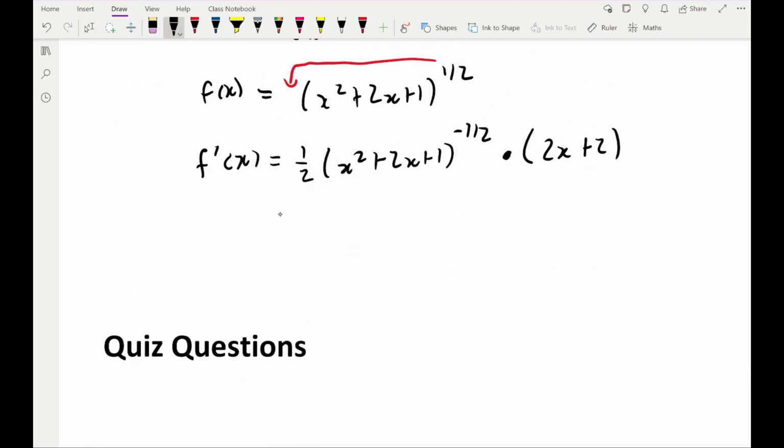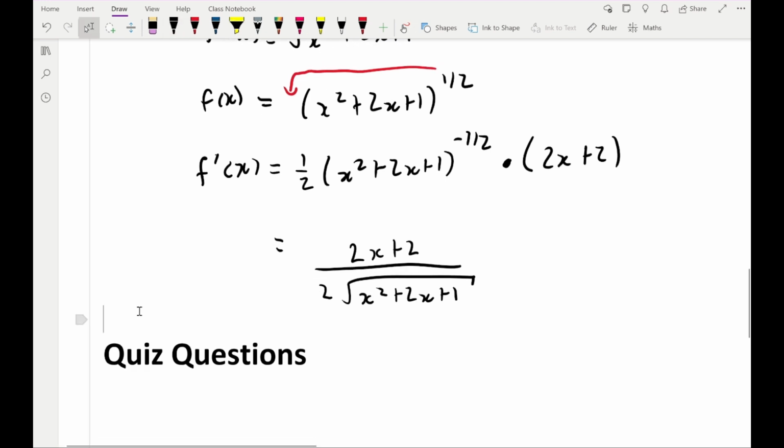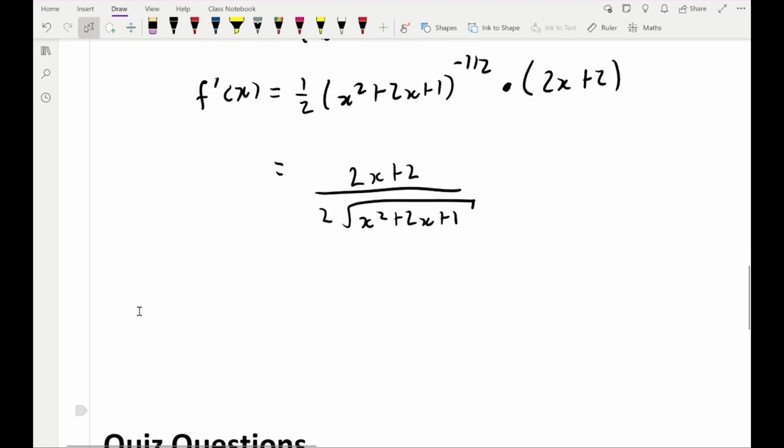Okay, so if you want to simplify this down, let's think about what we have on the top. We have a 1 on the top, and we have a 2x+2 on the top. On the bottom of the fraction, we get this 2, and this stuff down here becomes the square root of x^2+2x+1. Now, the reason it's on the bottom is because you get a negative power, and the reason it's the square root is because that power is a half.